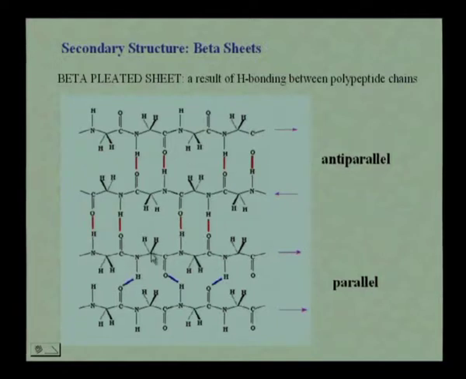So, when an amino acid in a beta strand forms hydrogen bonds with two different amino acids, it is a parallel beta strand. When the amino acid forms hydrogen bonds with the same amino acid, it is an anti-parallel beta strand. Okay? So, this is the hydrogen bonding difference between the two.